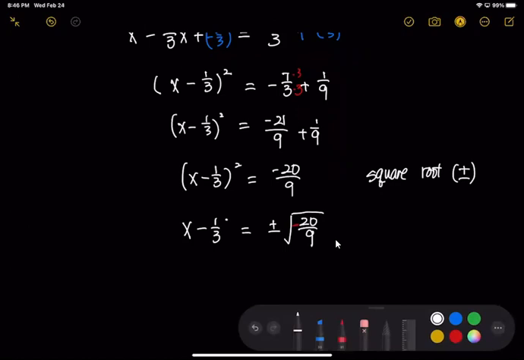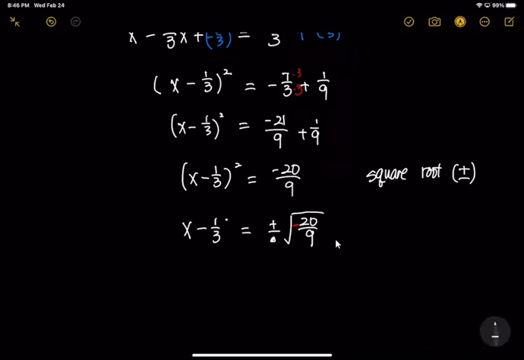Because there's a negative sign, you might think the outside negative sign is equivalent to the inside negative sign. No, they're different. If you remember the imaginary number i, we know that the square root of -1 is equal to i. So we can write the fraction as positive and negative square root of 20 over 3, because the square root of 9 is 3, times i.